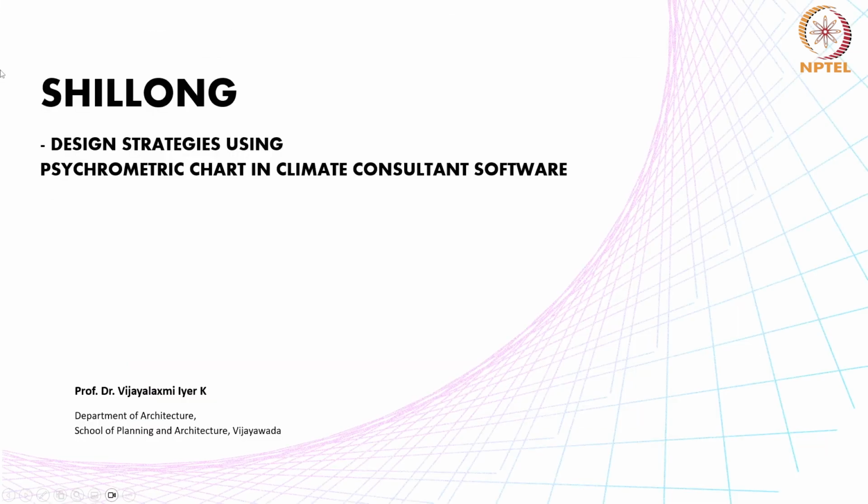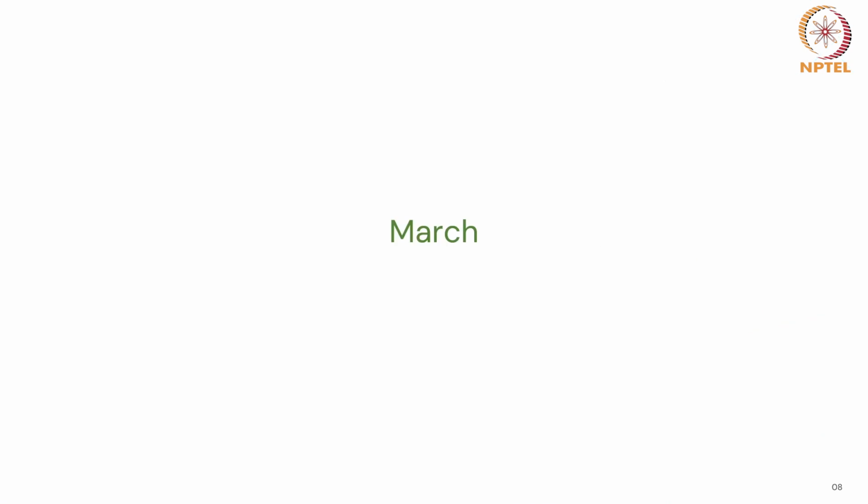So now let us see how the psychrometric chart of Climate Consultant is going to help us in identifying the correct simple passive, advanced passive strategies, and whether we require any active means to ensure that 100% of the hours in the building are comfortable. Now let us see for March solstice.